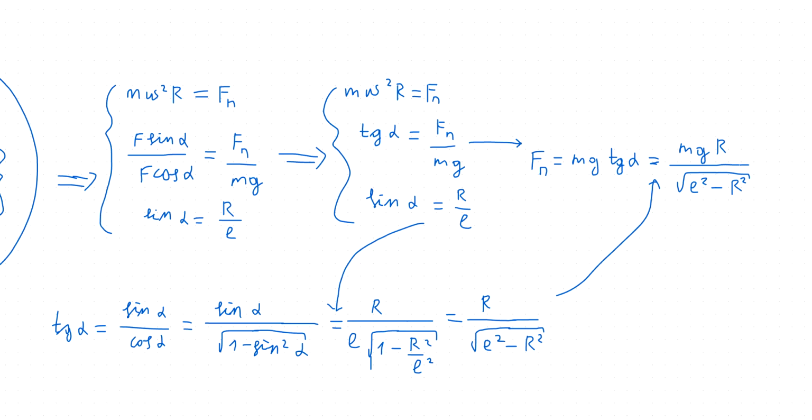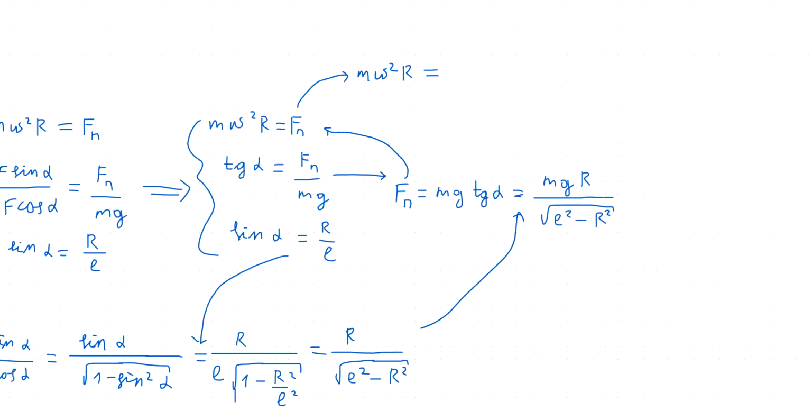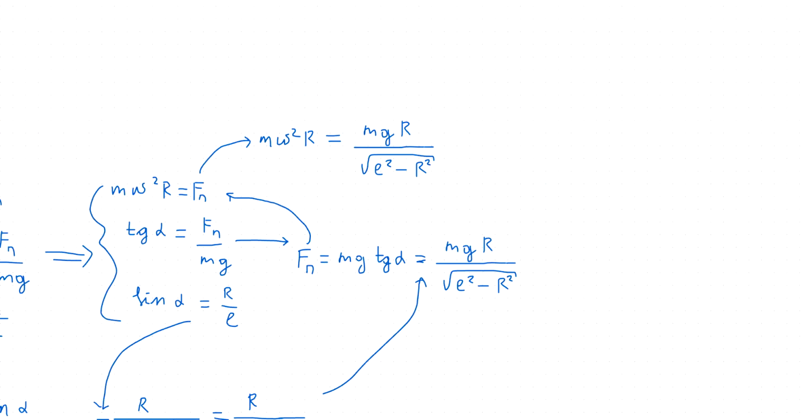Okay, and we can substitute this F n into the first equation. So we will get m omega to the power of 2 r is equal to this, and from this last equation we can find r.